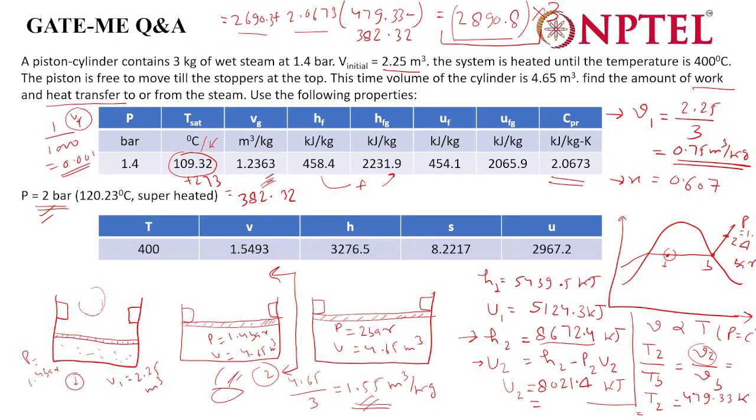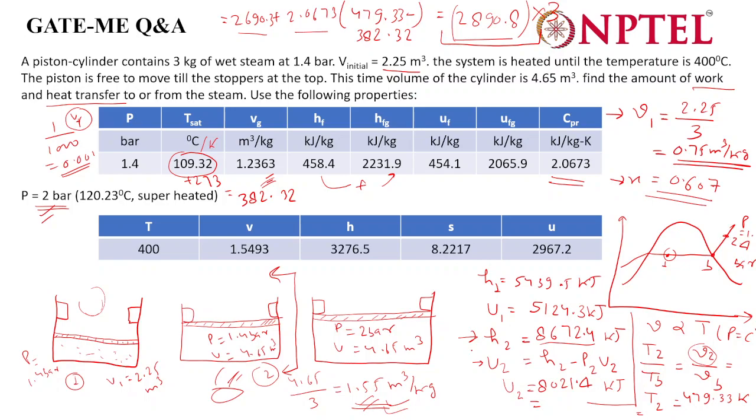So next part we will start. If anyone has a doubt, I will explain again. The first point is clear: here we have found the dryness fraction. After that we provided heat and it has reached the stopper at this pressure. This is the saturated point, but when we calculated the specific volume when it is touching the stopper, it is 1.55, and Vg is given as 1.2363, so 1.55 is more than that, so it is a superheated state.